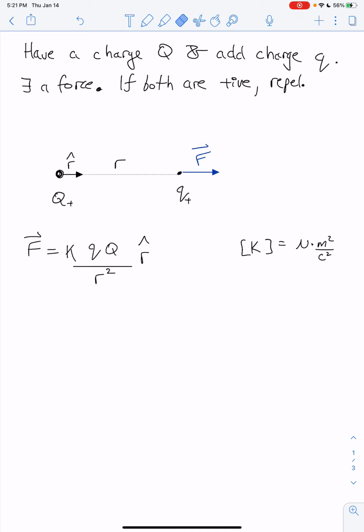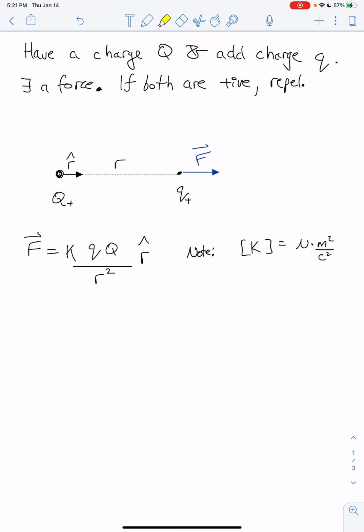Okay, so the other thing we can talk about is the fact that we could have put this little q anywhere in the area around big Q. We put that charge anywhere in that vicinity, and there's going to be a force, an electric force caused by big Q. So big Q is producing something that allows it to affect any charge in the area.